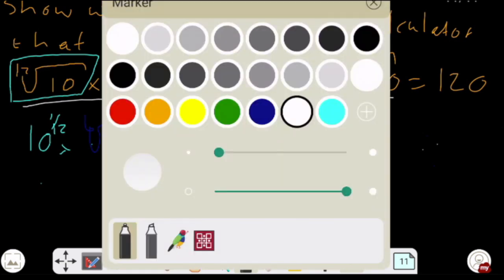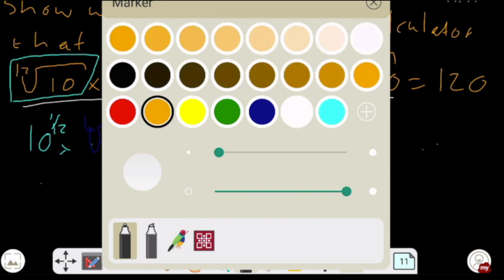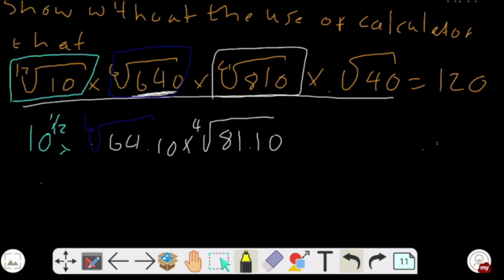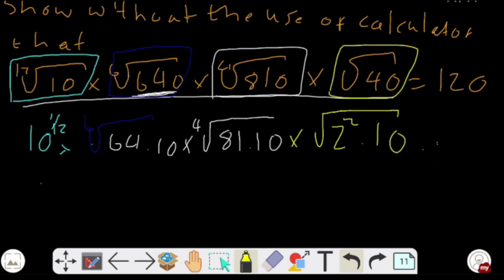Let's move on to this part and write it in a much simpler form: the root of 2 squared times 10, right?